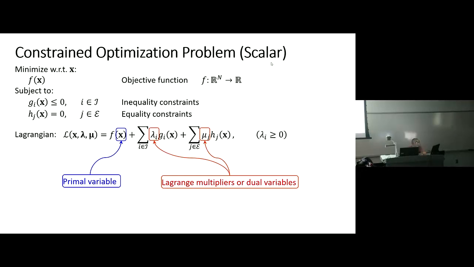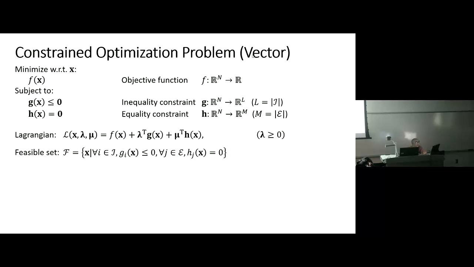I call this the scalar form because here the inequality constraints, these functions here, and for the equality constraints, these functions, g and h, they're all scalars, so their range is one-dimensional. And the lambdas and mus are all scalars here. But I can write this COP in terms of vectors. So minimize, this is the objective function.